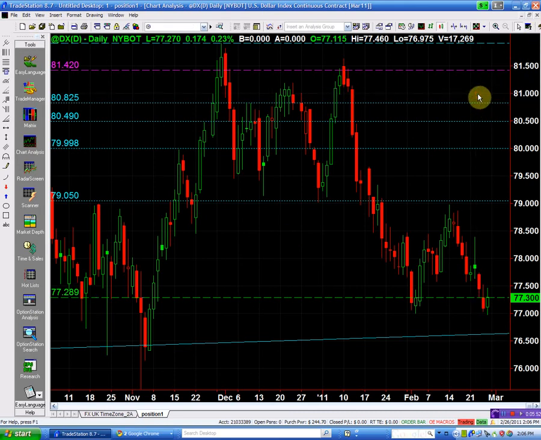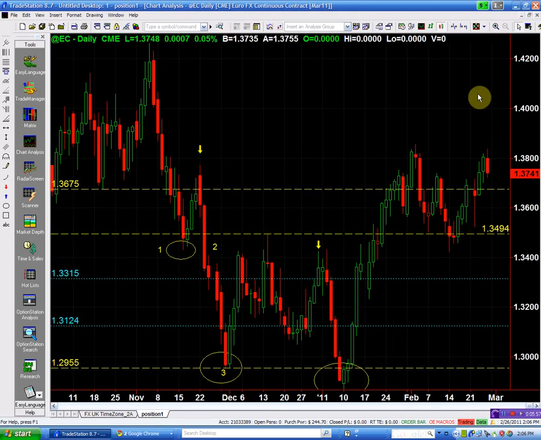If you look at the euro, that is a sell signal as far as I'm concerned, even though we had a decent move up during the week. But this is quite a reversal, and we may wait for a break.